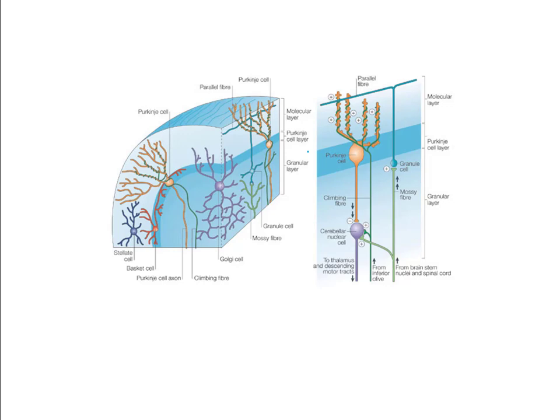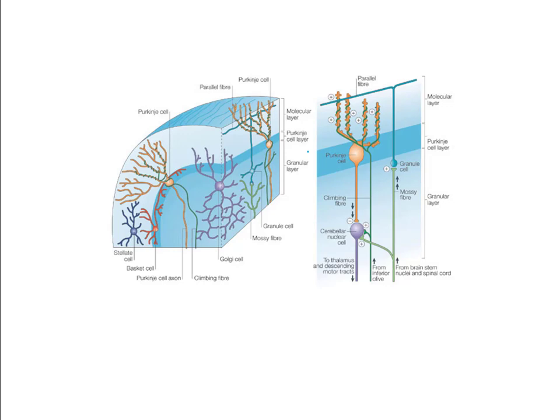They are climbing fibers and parallel fibers. Remember, parallel fibers are after the synapses that come from the mossy fibers down in the granule cell layer. Those parallel fibers are the axons of granule cells. So we've got those orthogonal inputs into Purkinje cells.